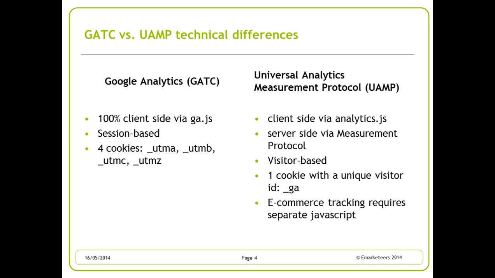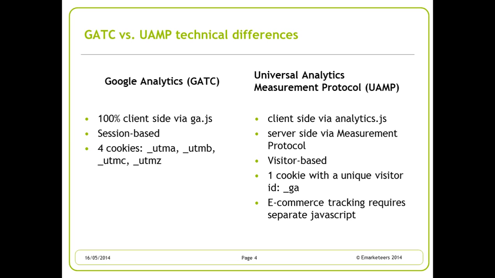In the new Universal Analytics Measurement Protocol, this is still there, but it's not 100% client-side measurement anymore. Part of the measurement also happens server-side, meaning measurements are sent directly to the Google Analytics server.